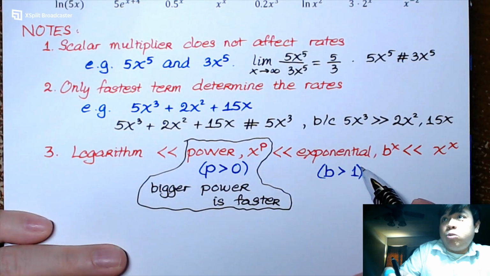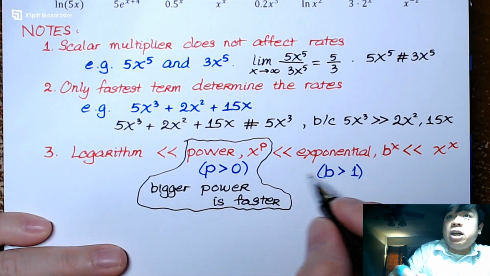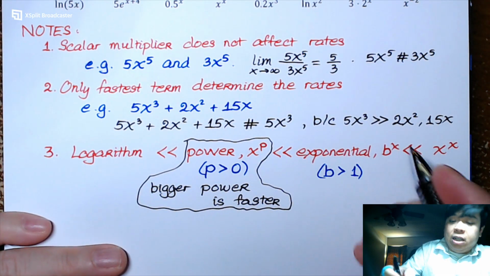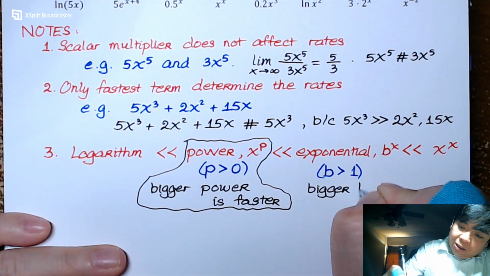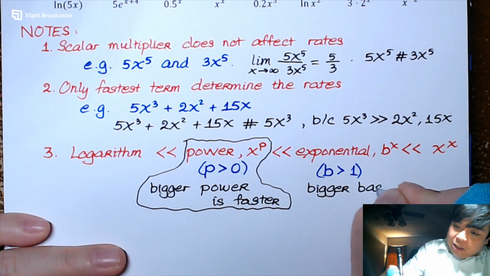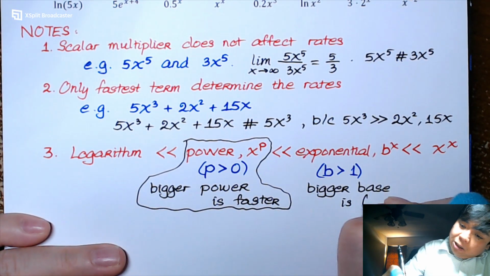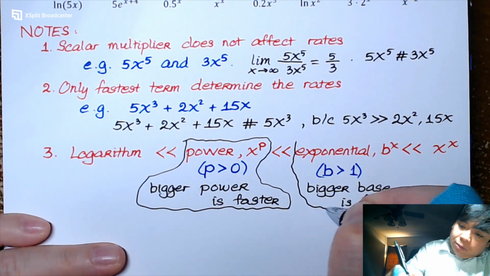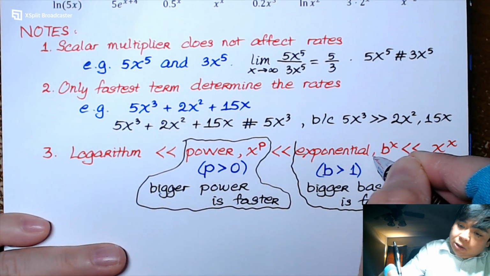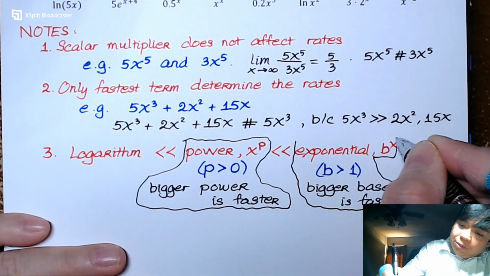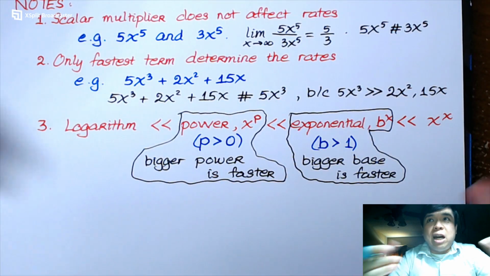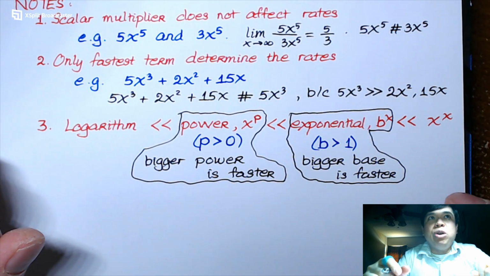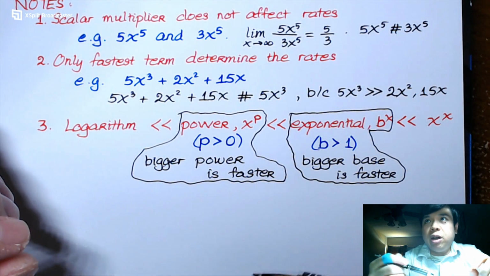Over here, for exponential, the bigger the base is, the faster. The base, of course, is the b. So that's just a summary of what we need to pay attention to on the growth rate.